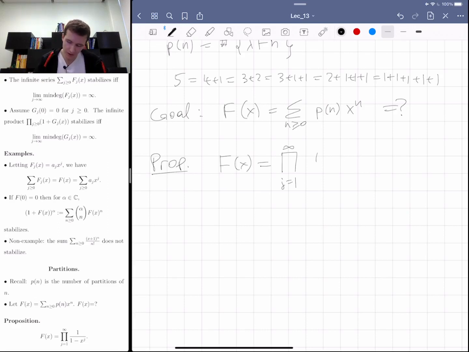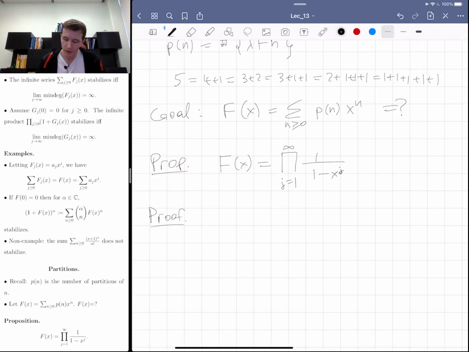The formula is just the infinite product of 1 over 1 minus x to the j, where j runs over all possible integers from 1 to infinity. Here's the proof.